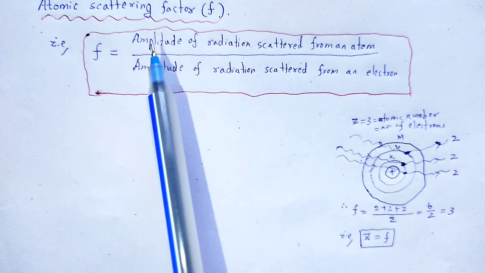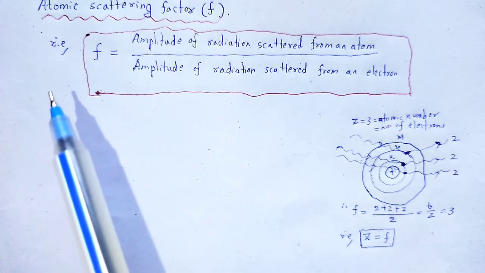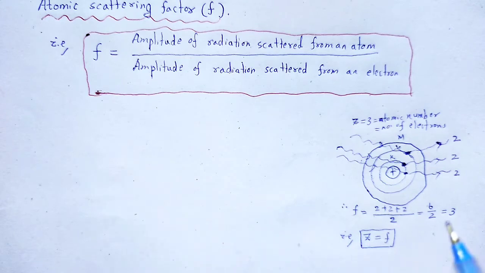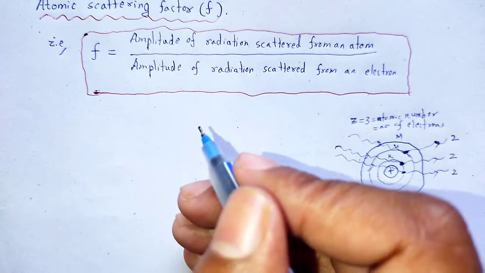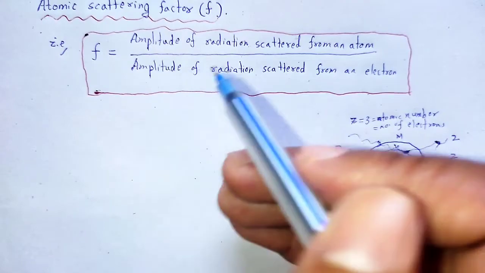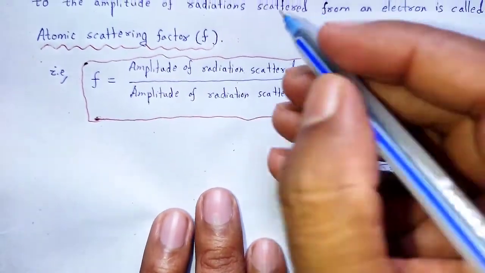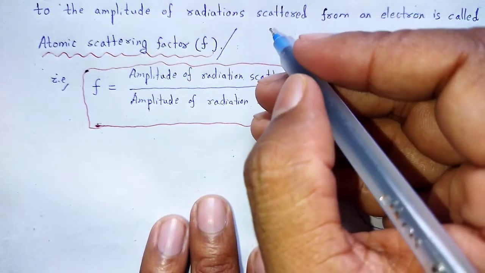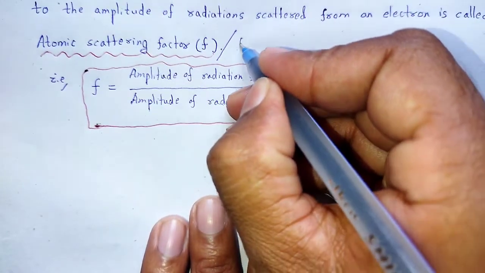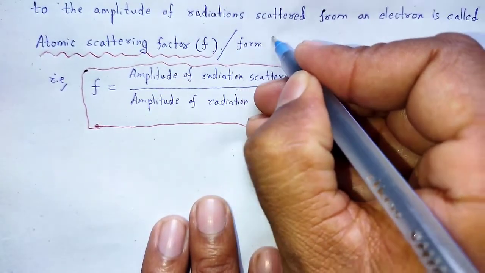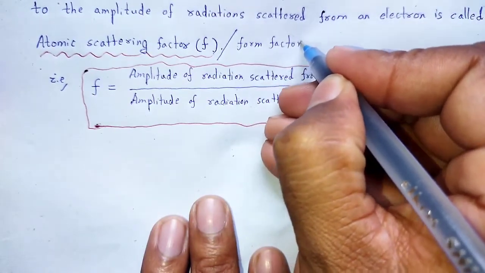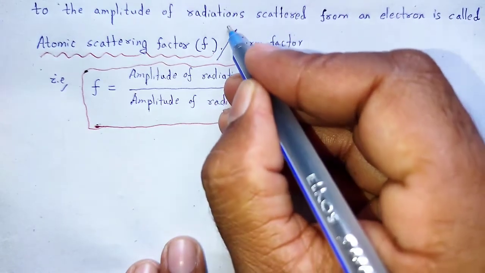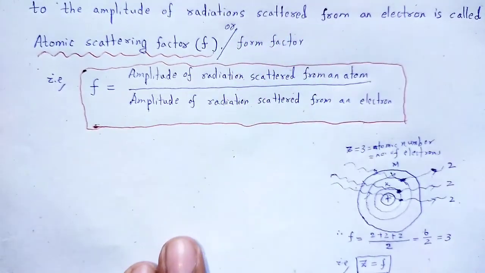The atomic scattering factor, which we can also call the form factor, depends upon various things.